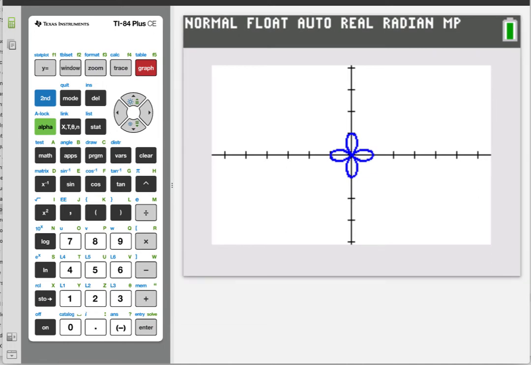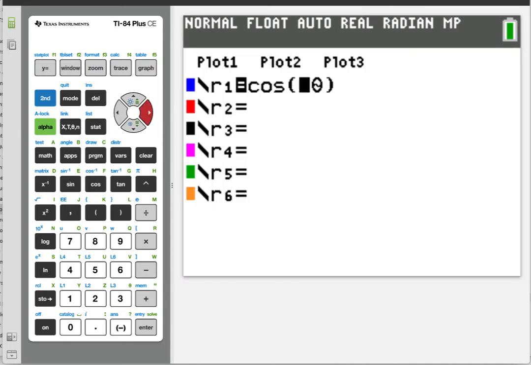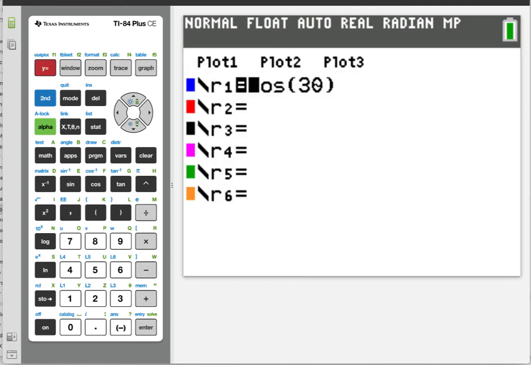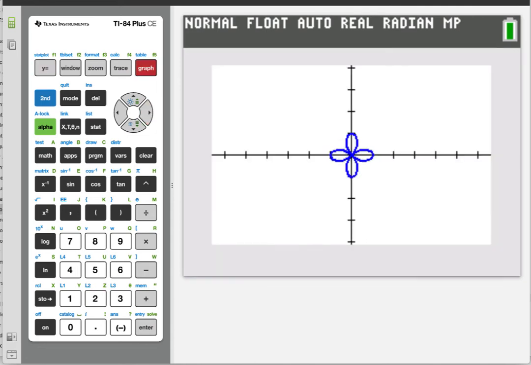Now, if I graph r equals cosine 3 theta, we're going to get 3 petals. So for cosine of n theta, if n is odd, I get n leaves, and if n is even, I get 2n, twice that. So when I had cosine 2 theta, I actually got 4 leaves.